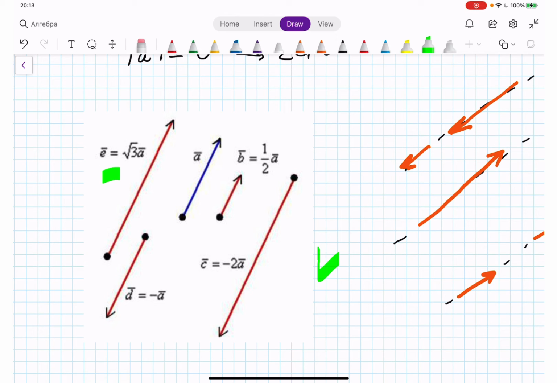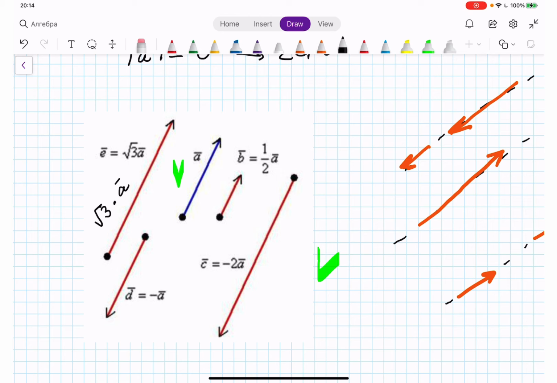We multiply a vector by a scalar value. So let's say here is the length of vector A. For this one, we took square root 3 and multiplied by vector A.